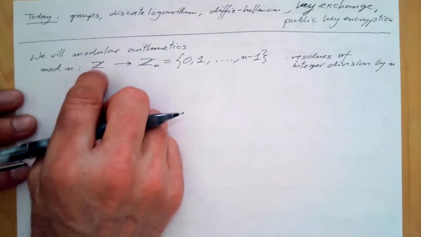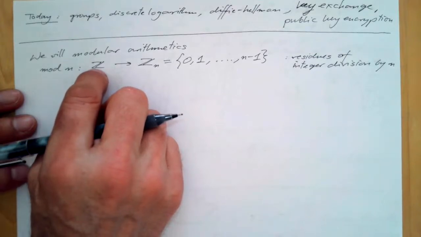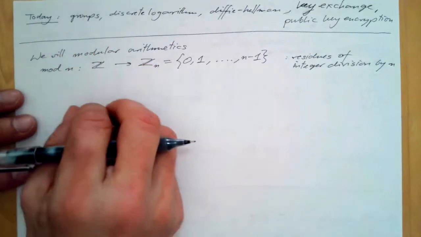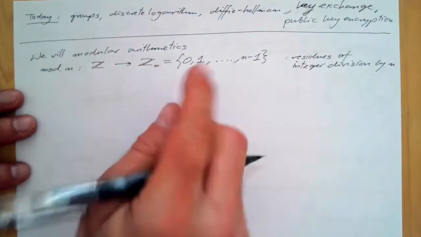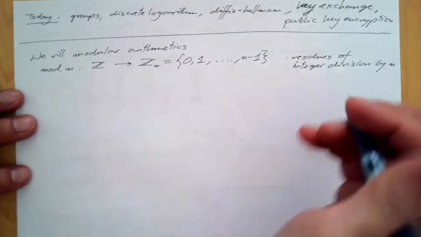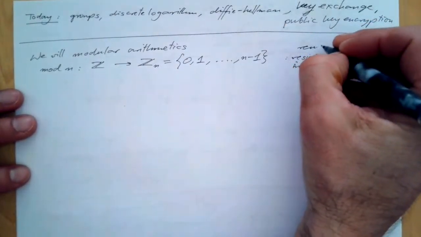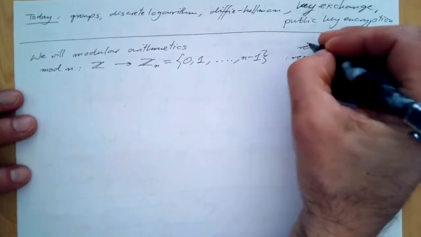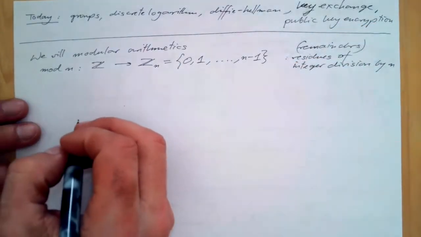I cannot divide 3 by 2, but I can in the following way. 3 by 2 has a quotient 1, so I find one instance of 2 inside the 3, and a remainder 1. So these are residues or remainders of integer division.